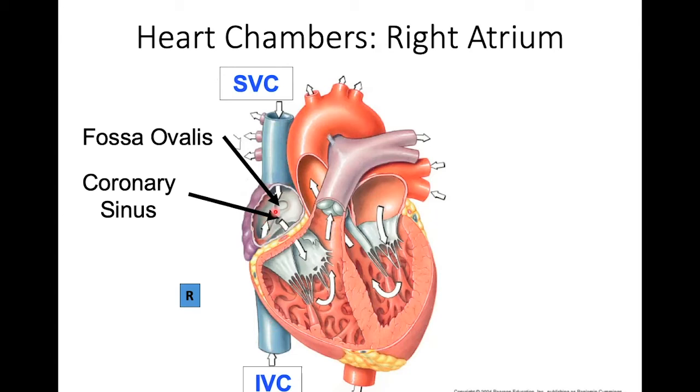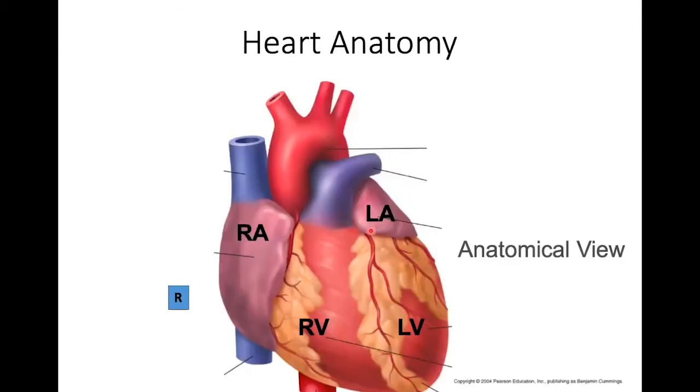Two other structures that you can see here are known as the fossa ovalis and the coronary sinus. Now, the coronary sinus is responsible for emptying all of the blood coming from coronary circulation. So previously we looked at the coronary arteries that are going to be supplying the heart muscle, the myocardium, with oxygenated blood. Well, once the cardiac muscle has used up that oxygen, it's going to produce CO2. And that CO2-rich blood, the deoxygenated blood, is going to drain back through specific veins known as cardiac veins.